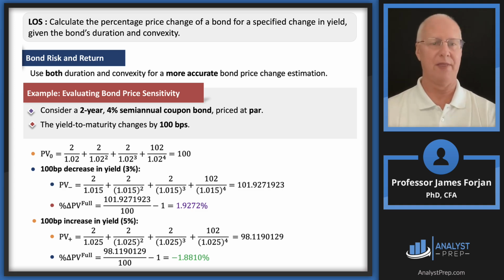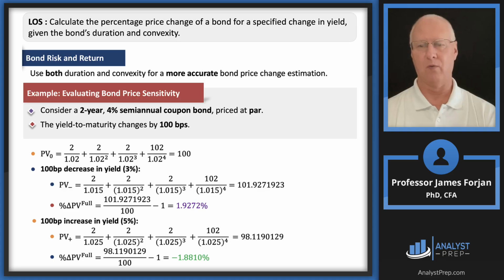So we can just do the math there, and you get 101.927. I mean, you can do it the long way, like we did in this slide, or you can get out your financial calculator and do it using those 5 time value of money buttons. If the yield increases to 5%, then the price of the bond is going to fall. You get 98.11 down there.